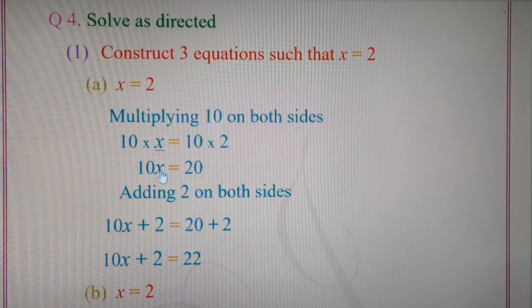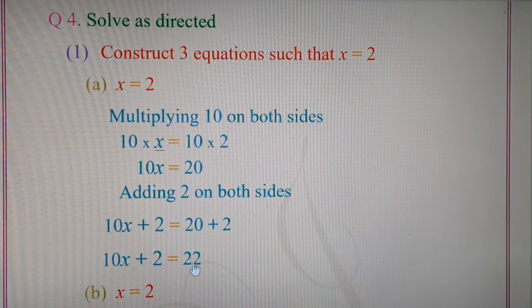So we will get 10x plus 2 on the left hand side and 20 plus 2 on the right hand side. 20 plus 2 can be solved as 22, and 10x plus 2 we copy as it is. So we will get the equation 10x plus 2 is equal to 22.